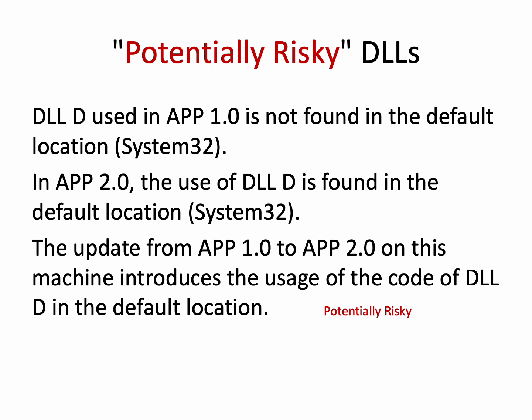This means the update from version 1.0 to 2.0 on these machines will introduce the actual use of this DLL in the default location, which we think might be a potential risk, because some adversaries may put malicious code into the default System32 location for this application on these machines.